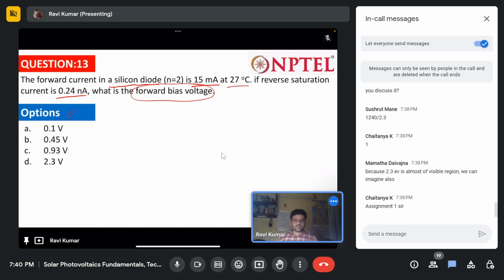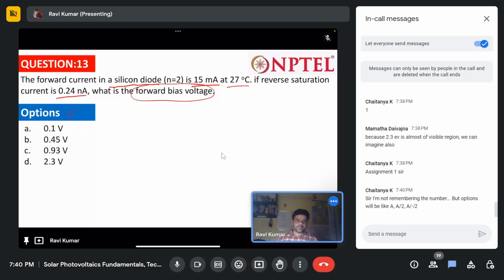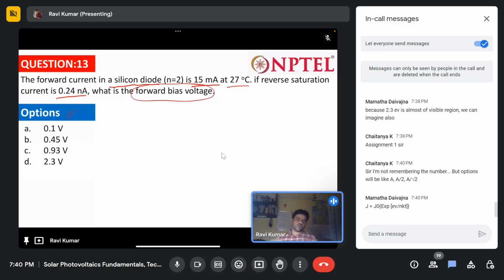Yes, no. If you don't know, then I can give it. Sir, I'm not remembering the number, but options will be like A by 2, A by root. Okay, Chaitanya, I'll solve it in the next class. I'll look into it. What is the question and all.